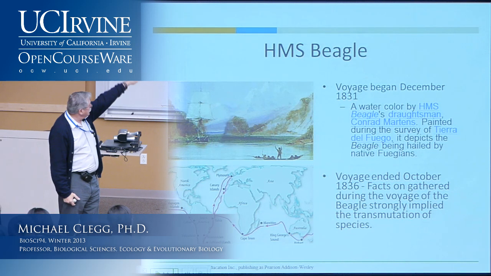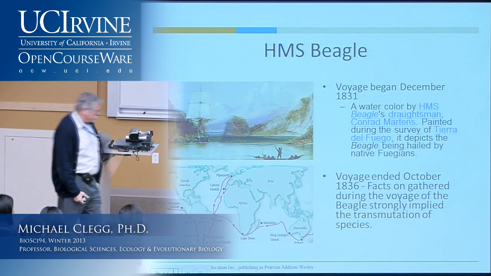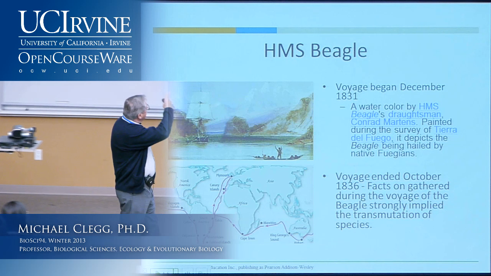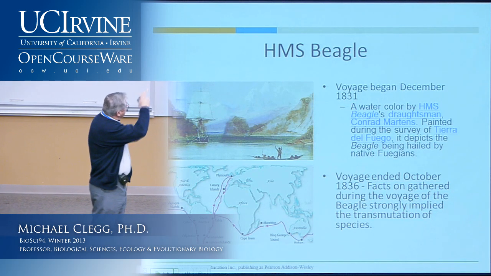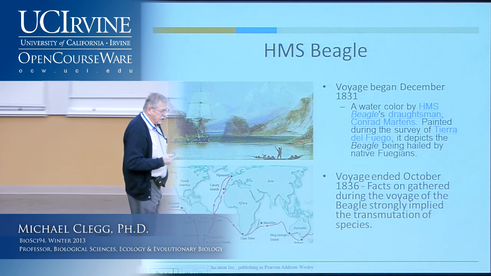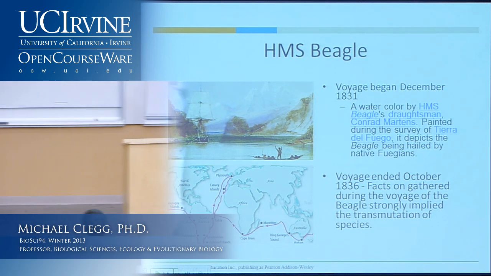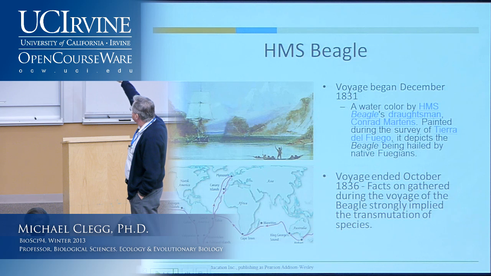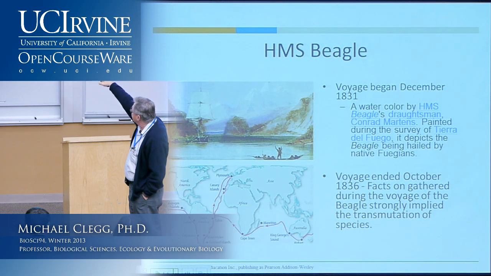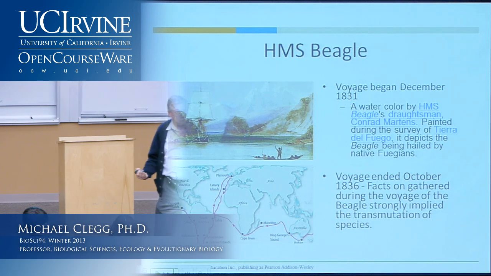And the route of his travels is shown on this slide. The upper panel just shows a painting of the Beagle, the ship he was on, visiting Tierra del Fuego. So they began at Plymouth in England and sailed down across the Atlantic southward, and they made their first stop in Bahia, Brazil.